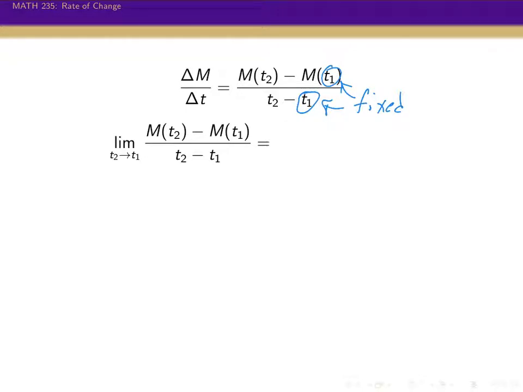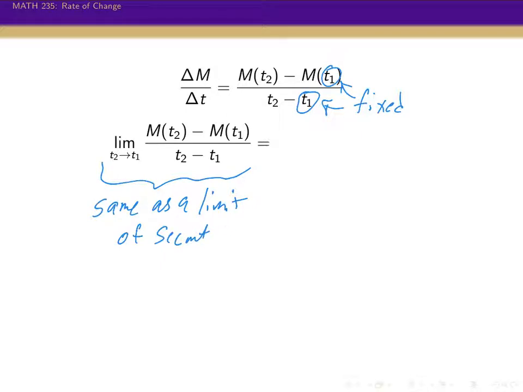And now we are taking a limit of these average rates of change, which looks exactly the same as taking a limit of secant slopes. So this is the same as a limit of secant slopes. And so what happens when we take this limit of secant slopes and move the points closer together?